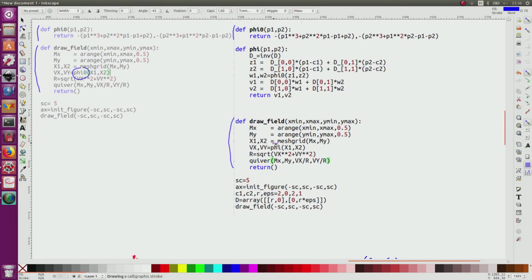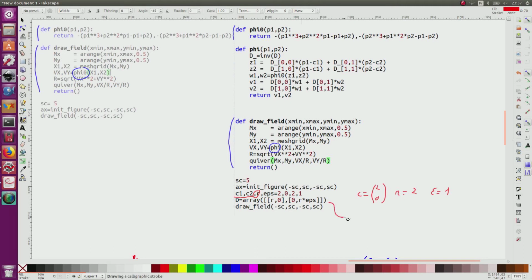Now I will call phi, which corresponds to the transformation of phi 0 by a translation represented by C1, C2, and a zoom or homothety corresponding to R. So here the center C is taken as 2, 0, R is taken as 2, and the direction epsilon is equal to 1. It means that I do not change the direction.